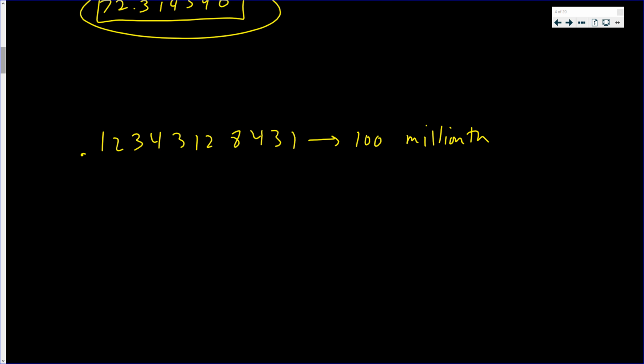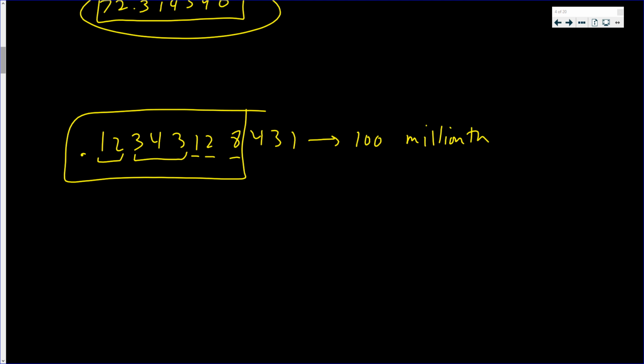Again, we need to identify the 100 millionth position and then the digit to the right. Tens, hundreds, 1, 10, 100, thousands, 1 million, 10 million, 100 million. There it is. 50-50 chance that that's the answer. Since that digit is less than 5, this is your answer.